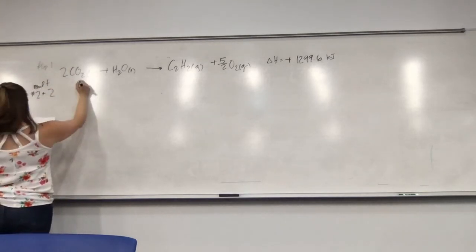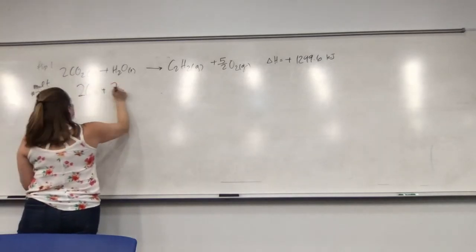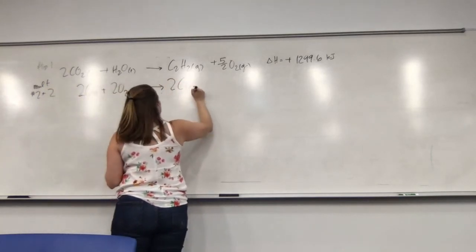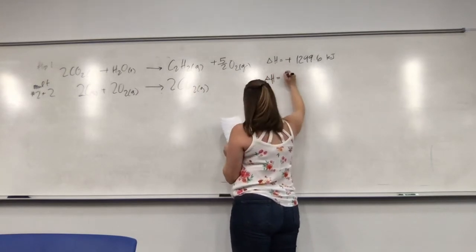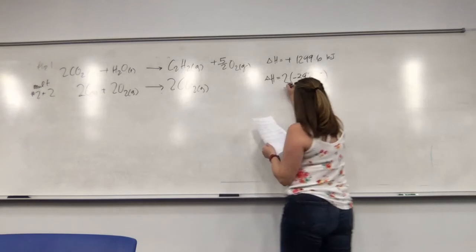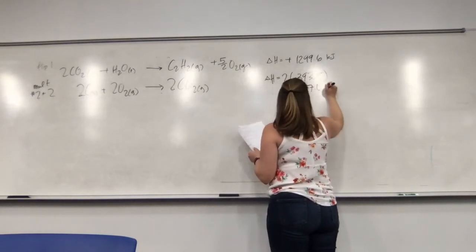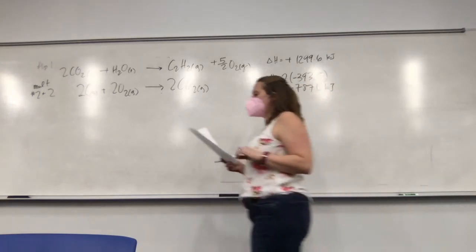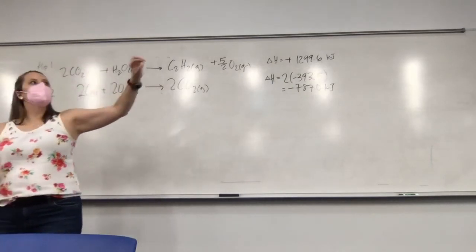So we have 2 carbon solid plus 2 O2 gas goes to 2 CO2 gas. So our delta H equals 2 times negative 393.5, which gives us negative 787.0 kilojoules.